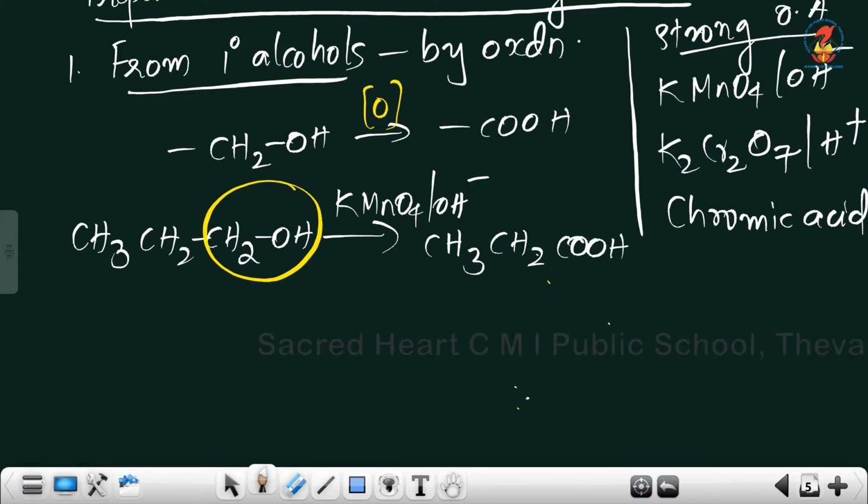Now here remember, when we are using alkaline medium, or when we use a sodium or potassium salt for the oxidation, we won't get carboxylic acid directly. First we will be getting the sodium or potassium salt. So here we need to write it as COOK. The reason is, here we have taken KMnO4, a potassium salt.